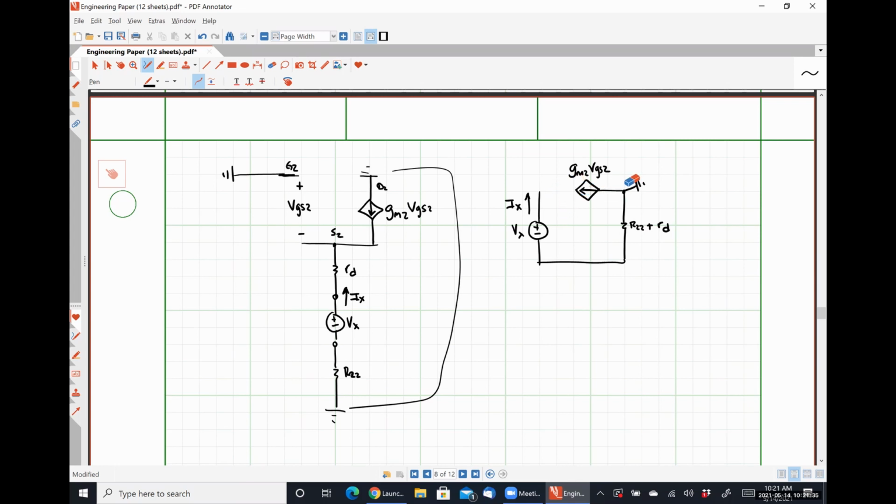So, oops, that was a little too much of an erasure. I could write it like this, negative VGS2 positive.